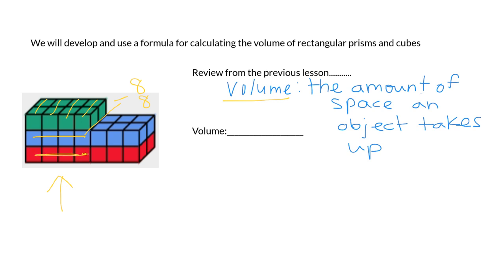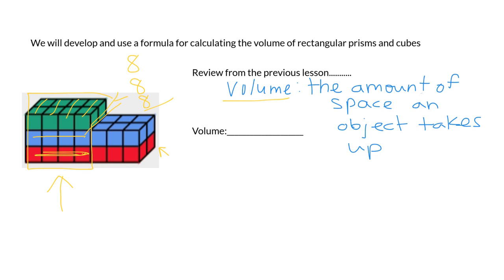And the same thing about this red layer, even though we cannot see all of the unit cubes. Okay, so far we have just figured out this part of our solid. We haven't done anything with this part here. So let's go ahead and work on that.